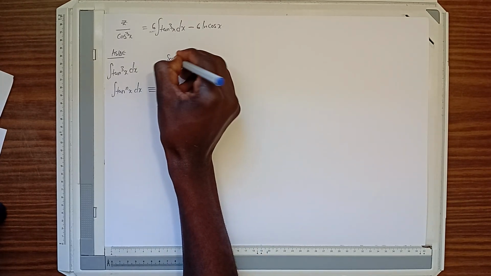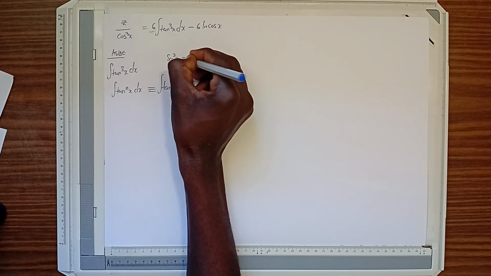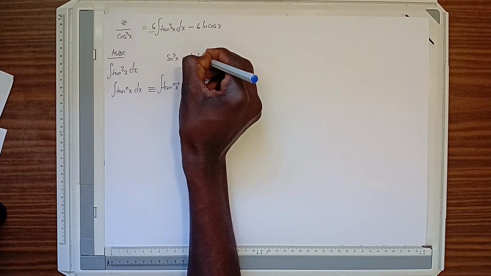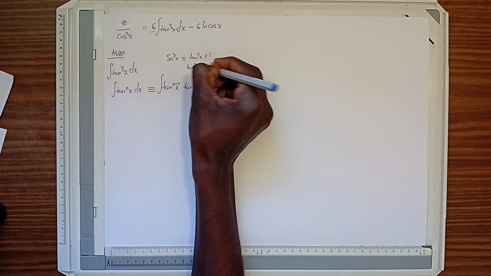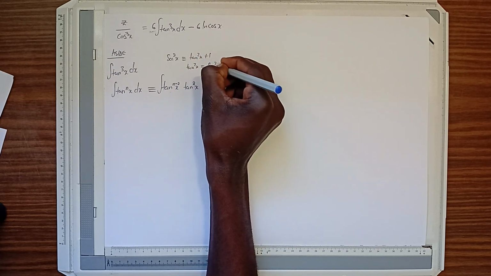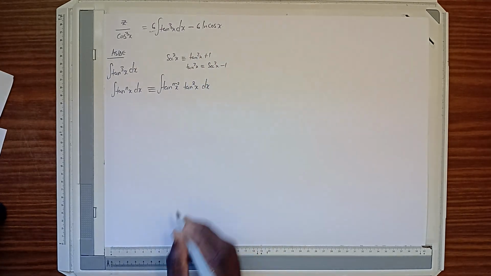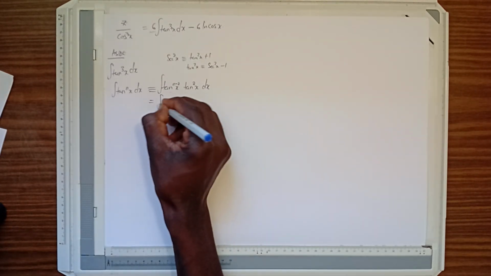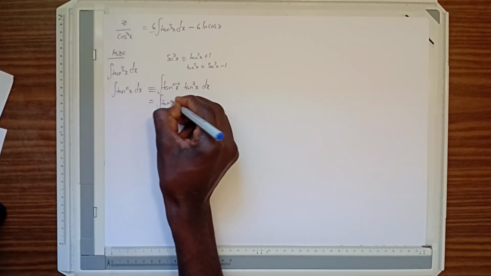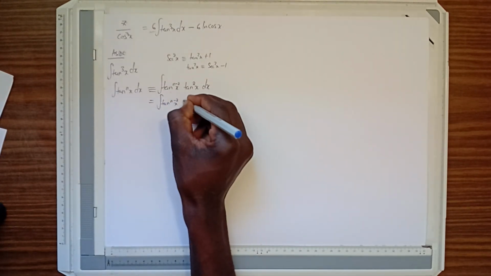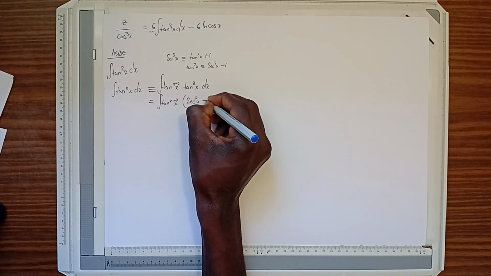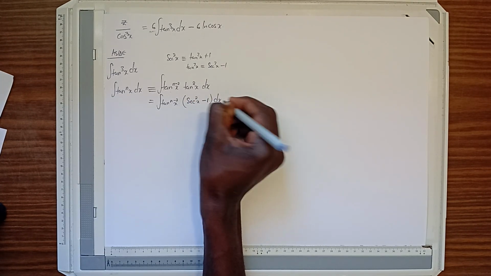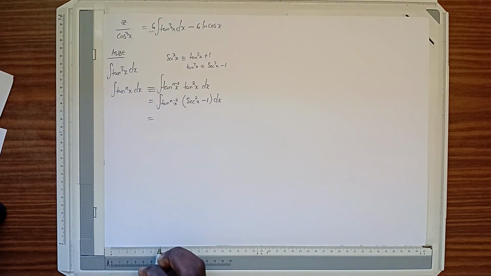We know that sec squared of x is identical to tan squared of x plus 1. So tan squared of x is identical to sec squared of x minus 1. So we say the integral of tan to the n minus 2 of x, open bracket, sec squared of x minus 1, dx is equal to.